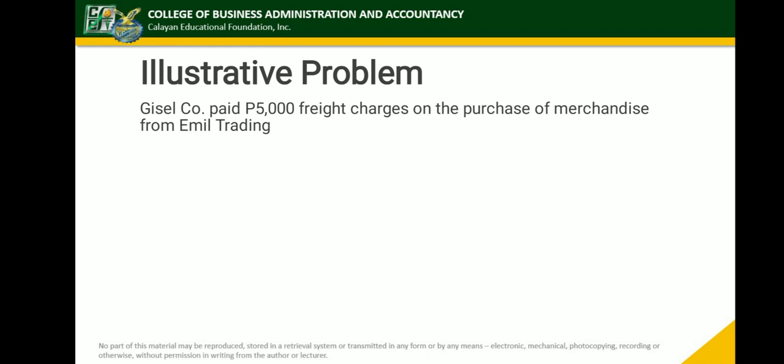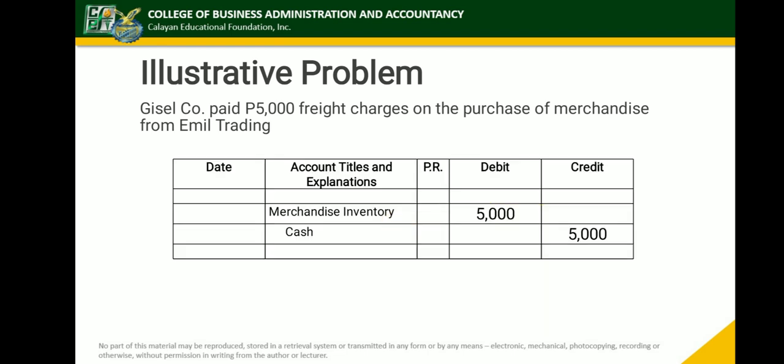So, next illustration. Giselle Company paid 5,000 freight charges on the purchase of merchandise from Emil Trading. So, diba, kay periodic, ito ang entry dito. Kay periodic, itong si merchandise inventory ay freight in. But this time, hindi na rin pwedeng gamitin si freight in. That's why directly debited na siya kay merchandise inventory.